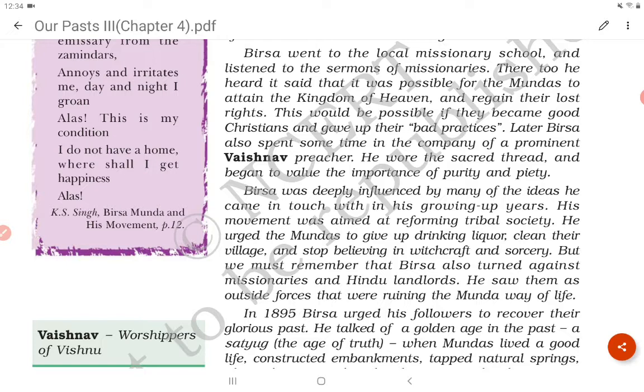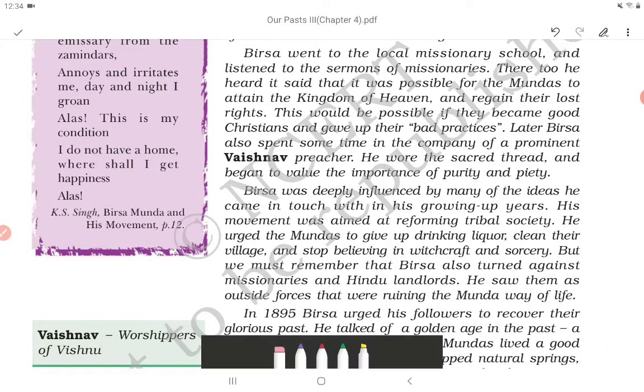Birsa was deeply influenced by many of the ideas he came in touch with in his growing up years. His movement was aimed at reforming tribal society.